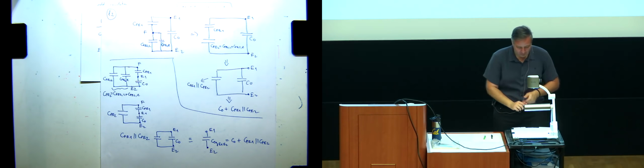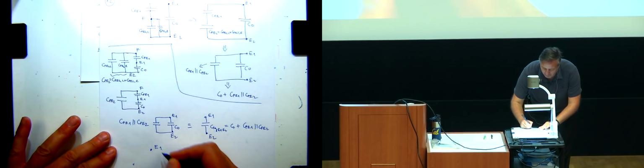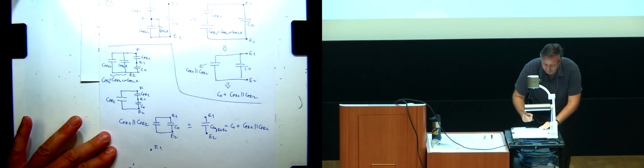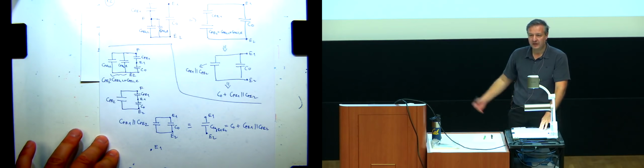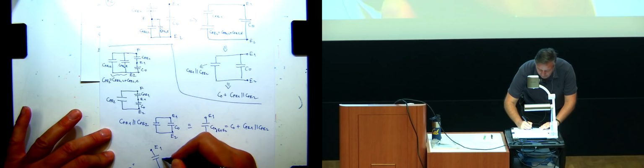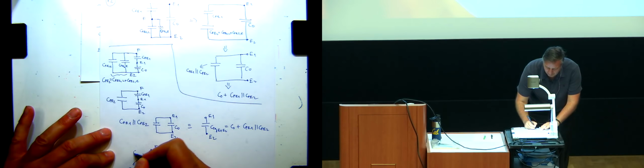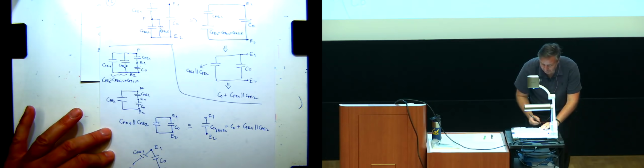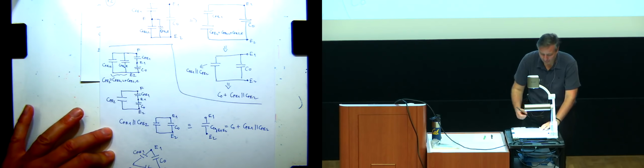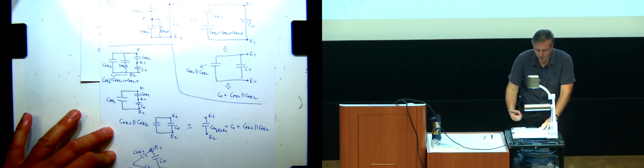Does it make sense? What I'm trying to say is, I can just draw it like this. E1, E2, F. This is a graph. So let's see what's going on. Well, I have C0 between E1 and E2. I have CFE1 here, and I have here CFE2. If I'm only interested in this node and this node, I see 2 branches.